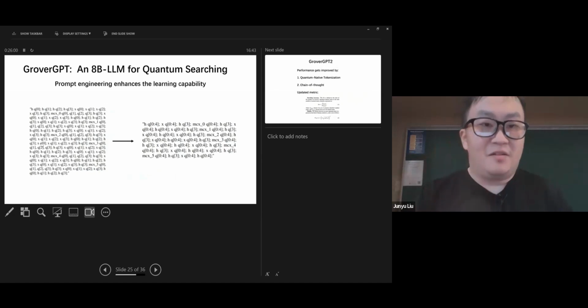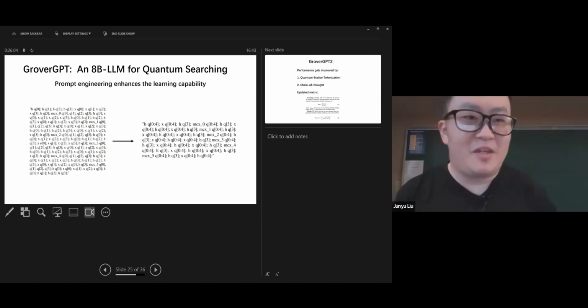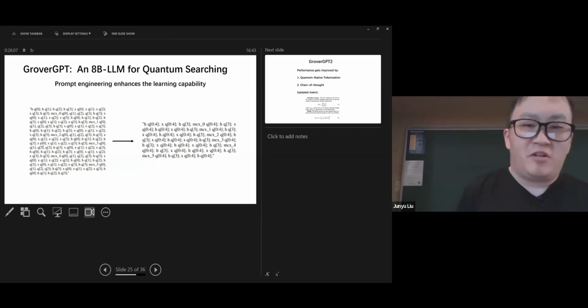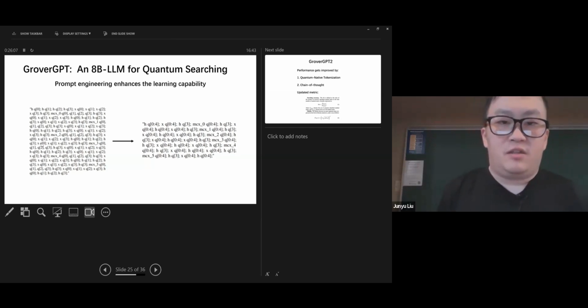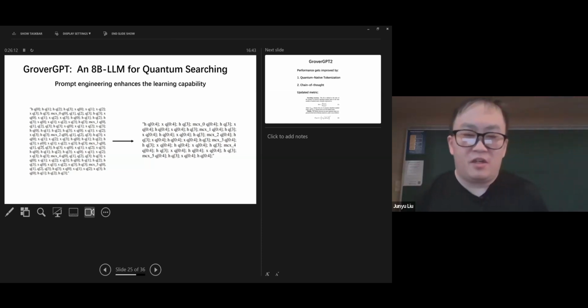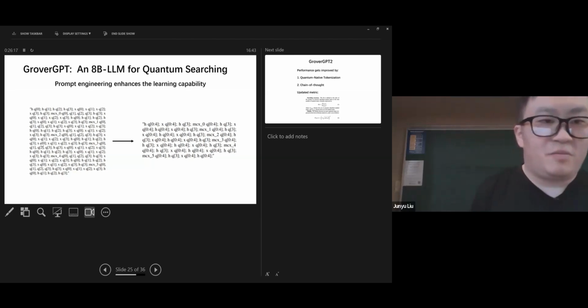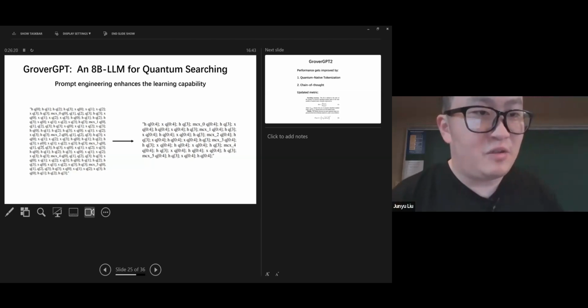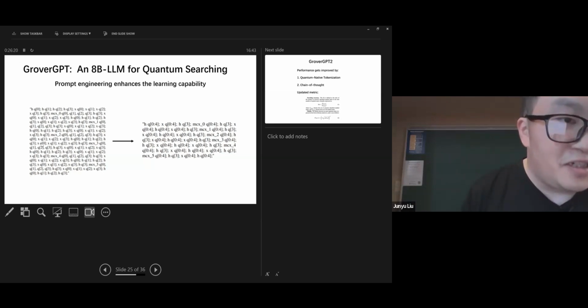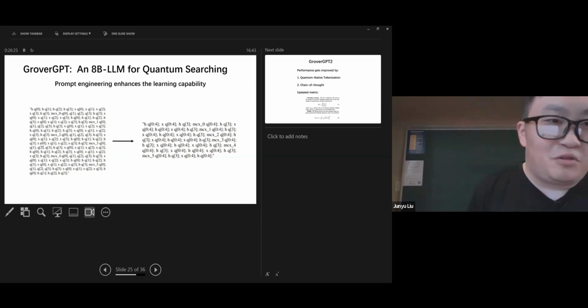We also find that if we reduce the size and make the QASM language more compact, that improves the capability of the model. For instance, in the original QASM language, the oracle is written first as a Hadamard applied to an array of qubits from 0 to 3.